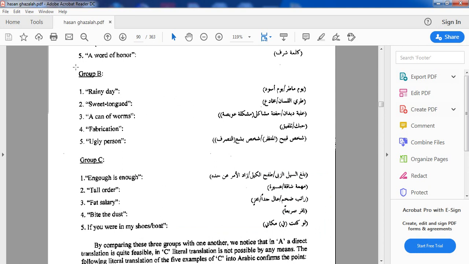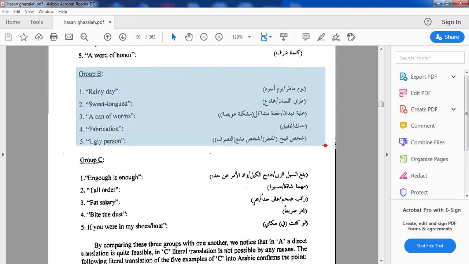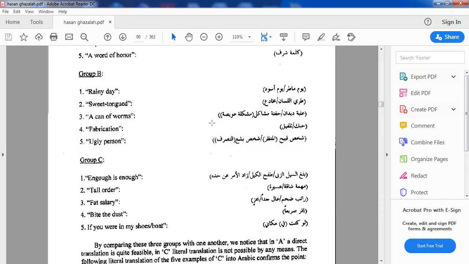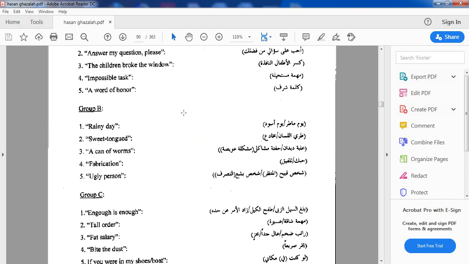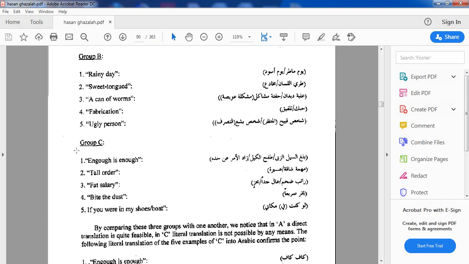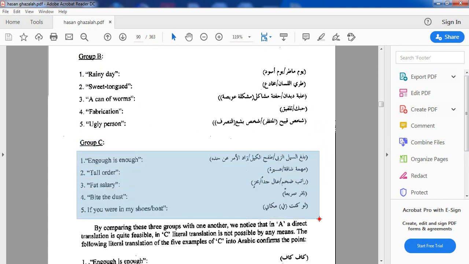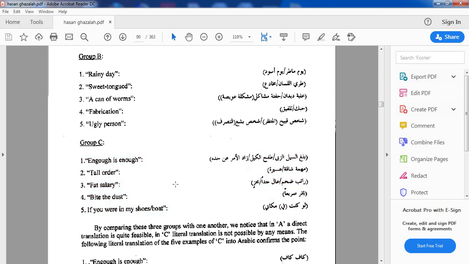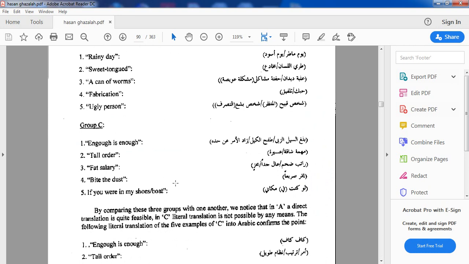In between, group B, yes, sometimes. So here we have to know that literal translation is completely unacceptable in group C, so there should be either a pragmatic translation, idiomatic translation, or sometimes free translation.